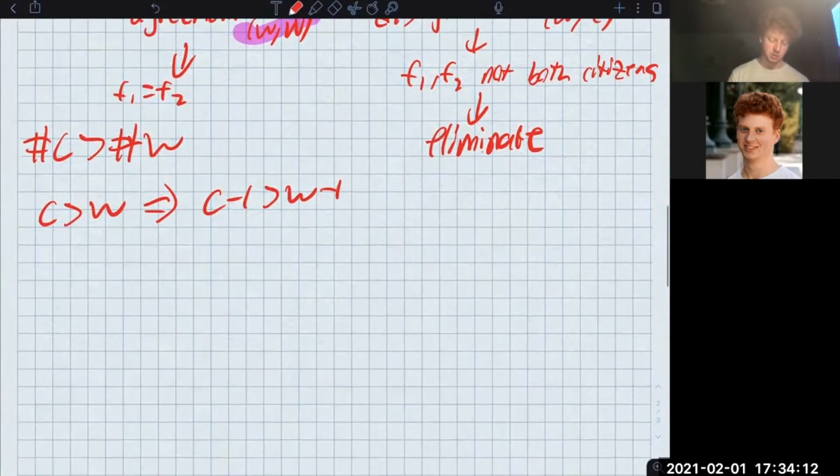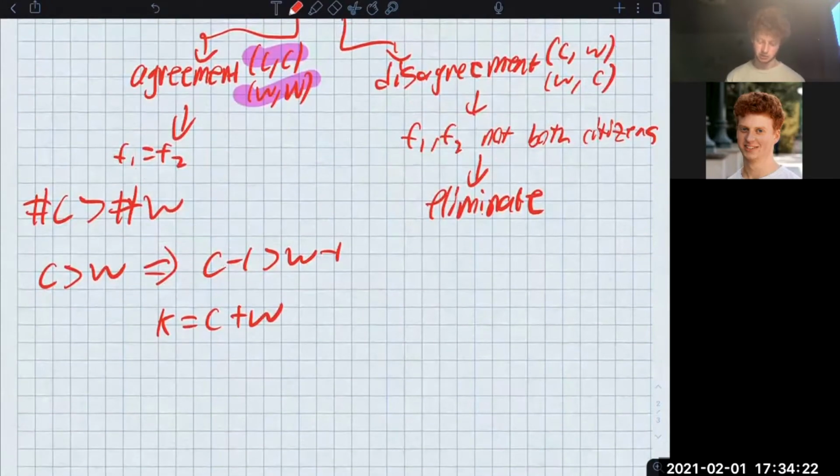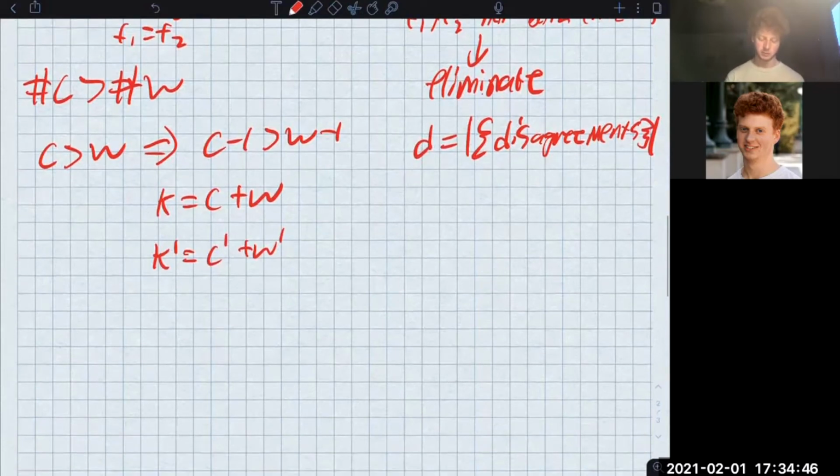Let's say that we start out with K equals C citizens plus W werewolves. First we'll eliminate all the disagreement pairs. Let's say D is the size of the disagreement pair set. Then K prime, which we'll say is the new K, and C prime and W prime are the new number of citizens and werewolves.